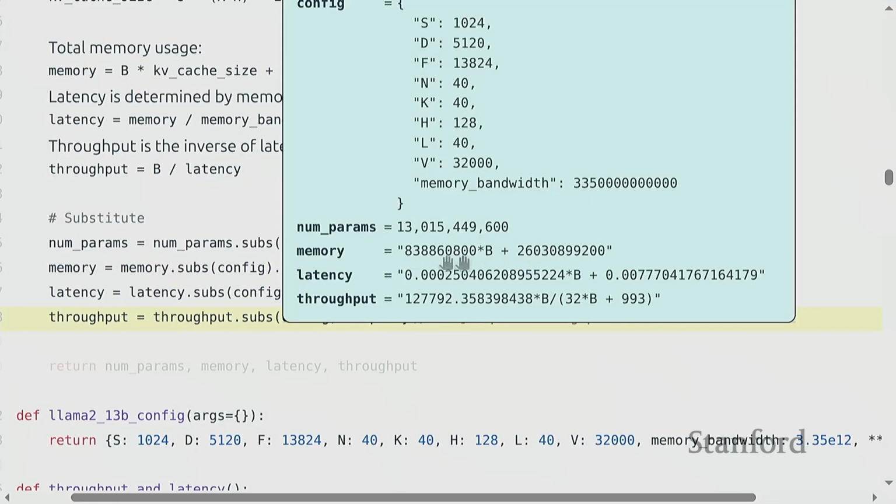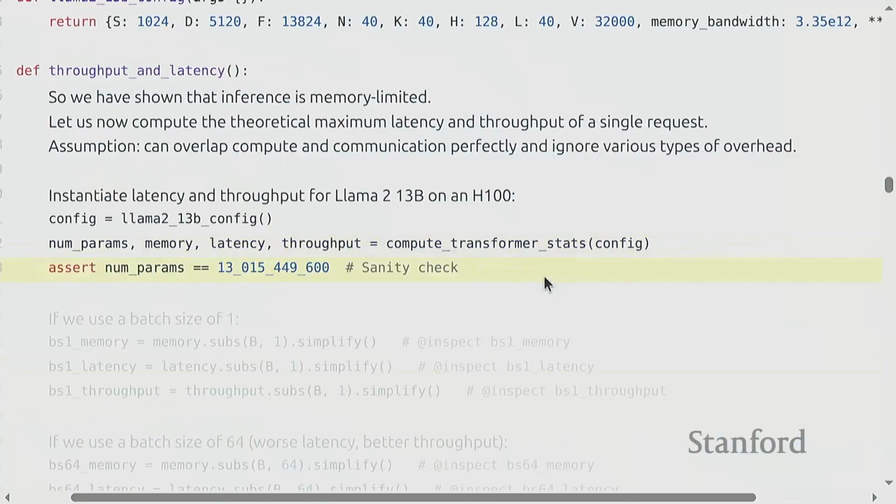This is the key value cache size times B. Latency also goes up as a function of B. Throughput increases, but you'll see that it increases up to a point. The B shows up in both the numerator and the denominator. So there's limits to how much you can stretch throughput, even if you could fit everything in memory. Okay, so those are the expressions for latency, throughput, and memory for this particular model.